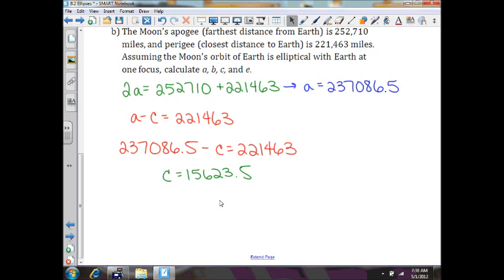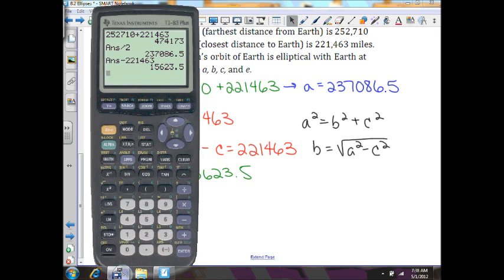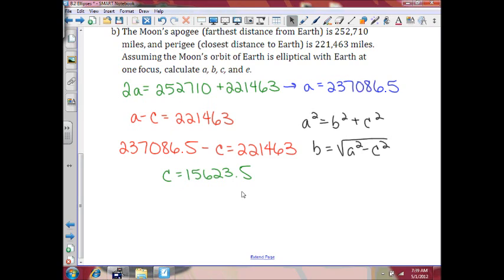Now, since a squared is equal to b squared plus c squared for any ellipse, that means b will equal the square root of a squared minus c squared. So that means b will be 236,571.